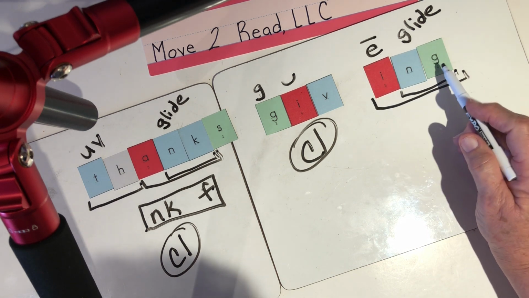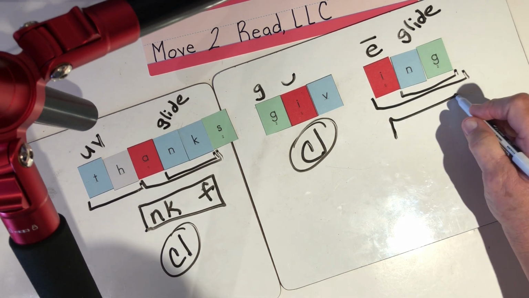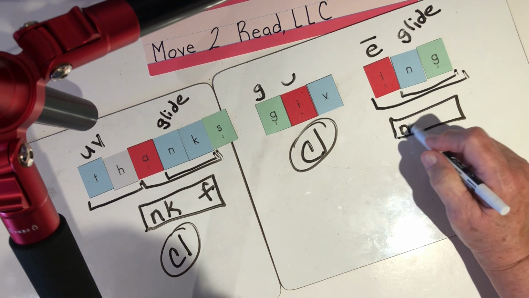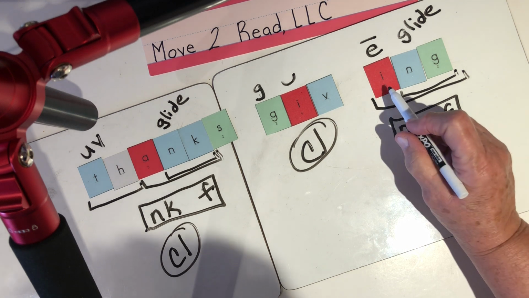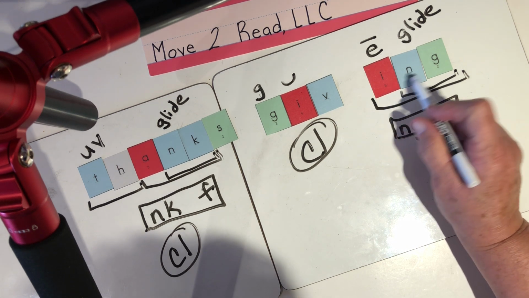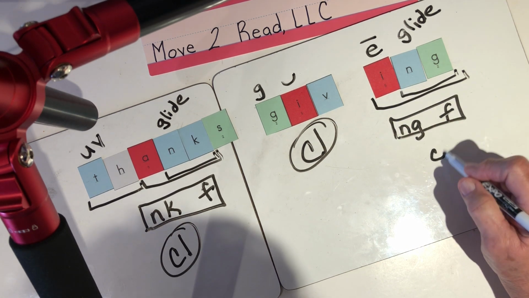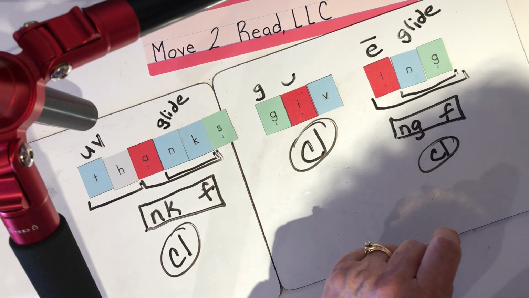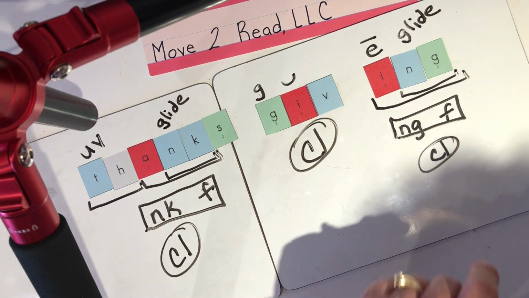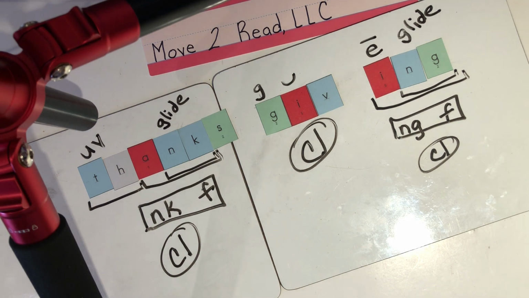We notice it's an NG, so we have to put NG family. And we see that the vowel is trapped. He cannot sing, so it's closed syllable. So that is how we would do Thanksgiving. Then our last word that we're going to do is the word blanking.